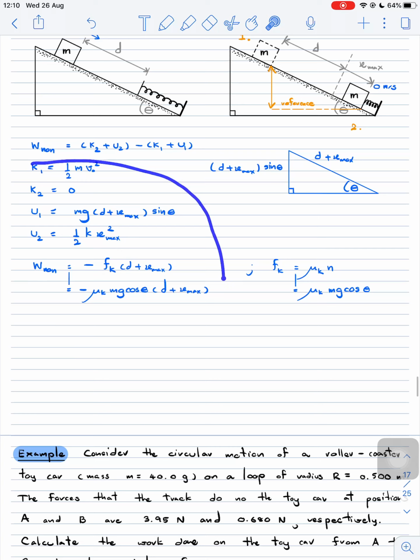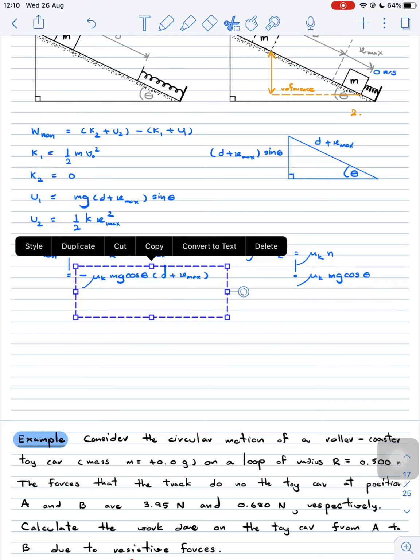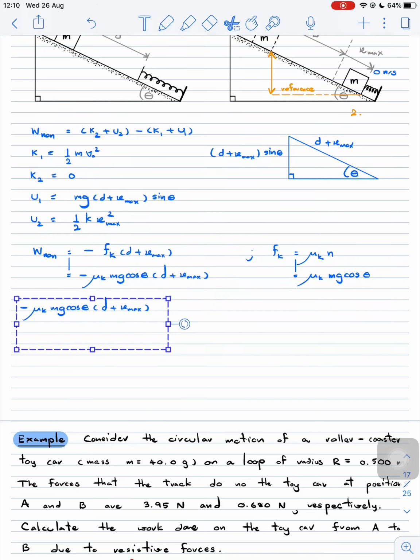Now we have everything already. We can just put everything here into this equation. Let me just duplicate it.